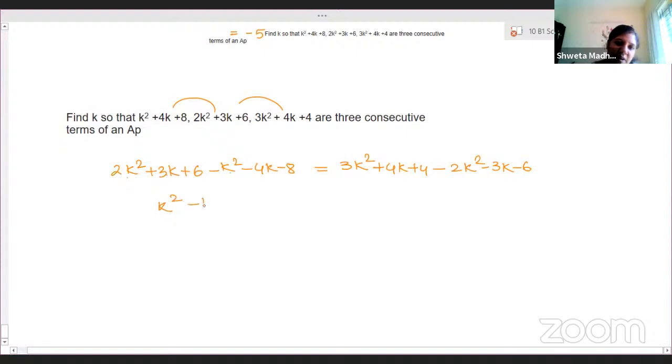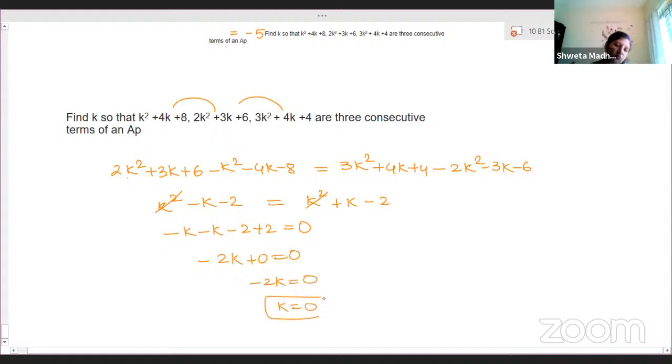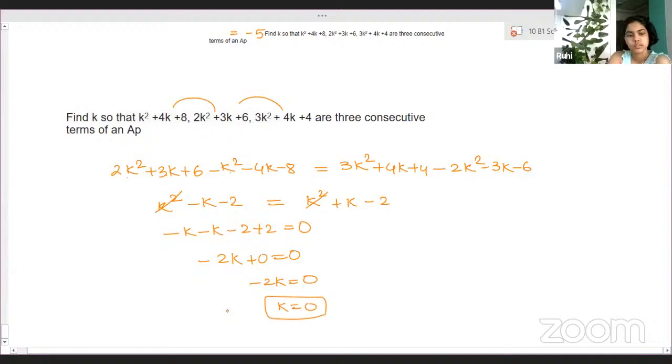So this is k square plus k minus 2. This k square cancels. Minus k minus 2k plus 0 is equal to 0. Minus 2k is equal to 0. K is equal to 0. No quadratic equation.